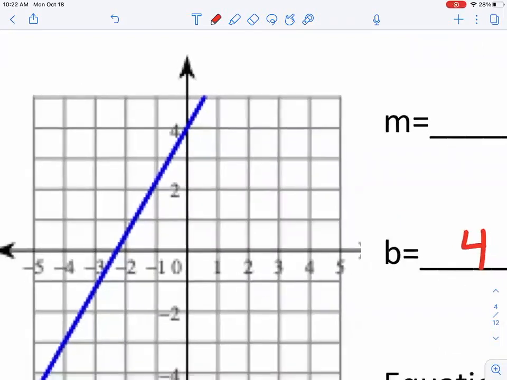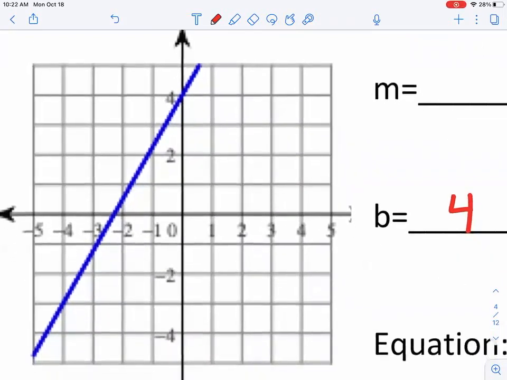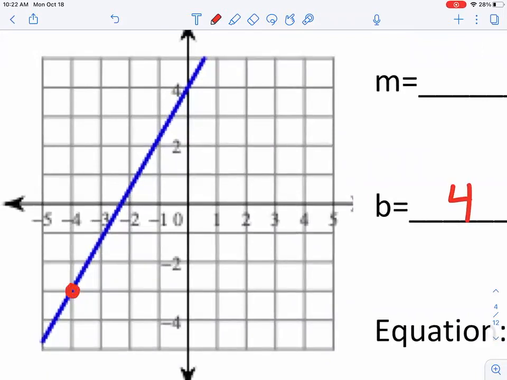Let's see, I got to pick exact corners. This one doesn't have many. Now it looks like it goes exactly through here, and then maybe all the way up to here. So my rise is going to be 1, 2, 3, 4, 5, 6, 7 is my rise. My run is 1, 2, 3, 4.